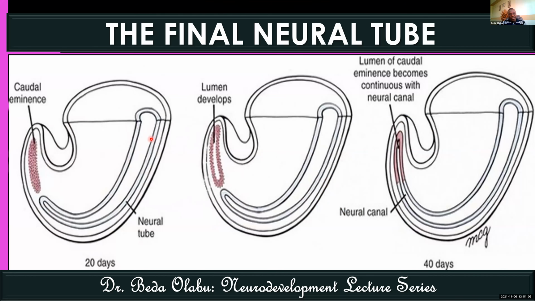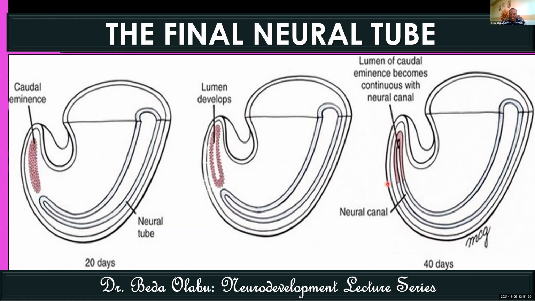If you look at these images, this shows you the region of primary neural tube, and this is the region of secondary neural tube, still undergoing neurulation. And perhaps this one has already gone through secondary neurulation, that's primary neurulation. Initially, the two tubes are not fused. But as time goes by, they become fused.